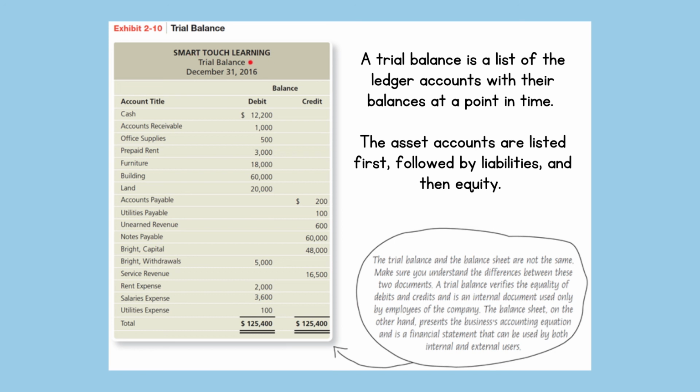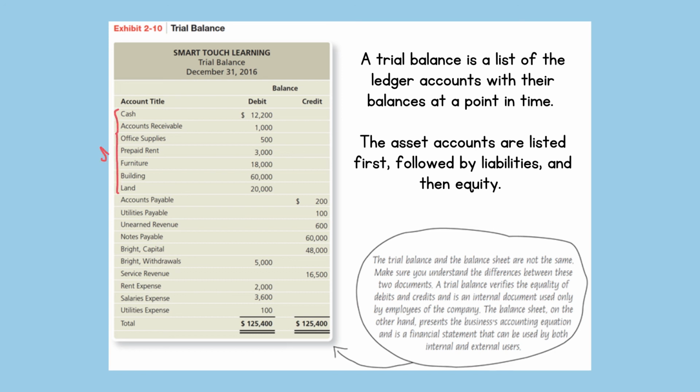Company's name, then trial balance, then the date, which is end of the period. Then you're gonna list down all of your assets, liabilities, and equity accounts. Then we're gonna find total. Okay, now we're gonna put the balances only. Okay, so as you can see, assets are from cash to land.